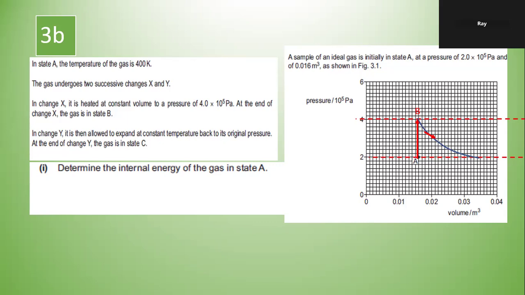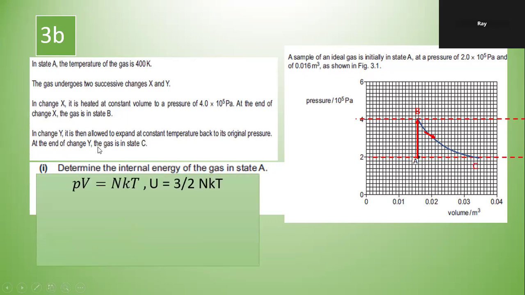I mean, U equals KE, which is 3/2 kT for one molecule only. They have given you the equation. Internal energy equals the total kinetic energy, 3/2 NkT.